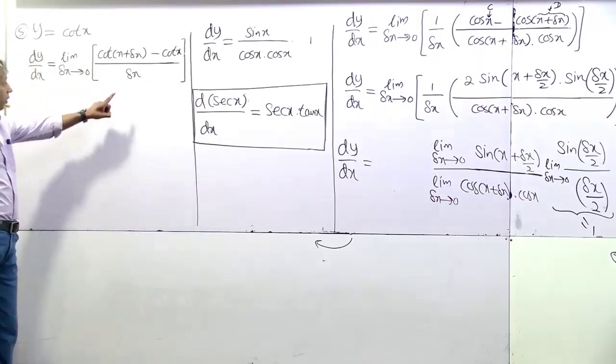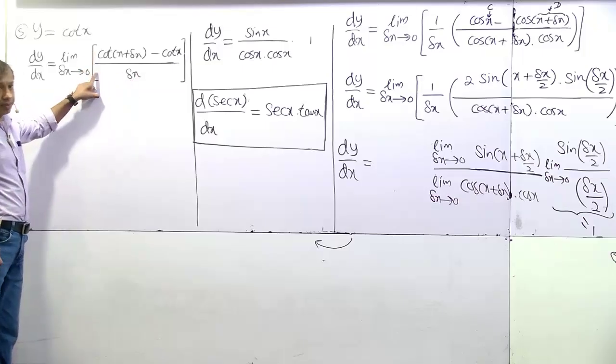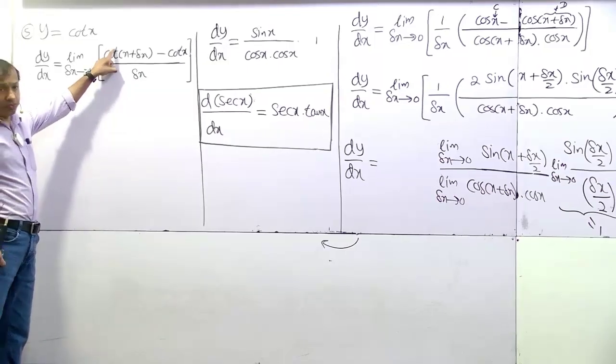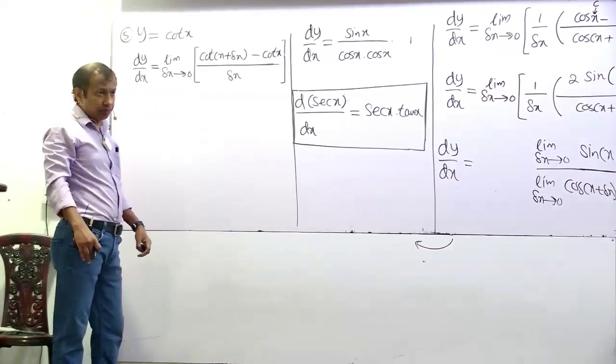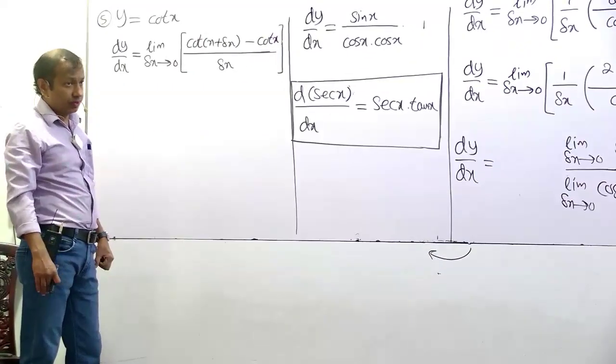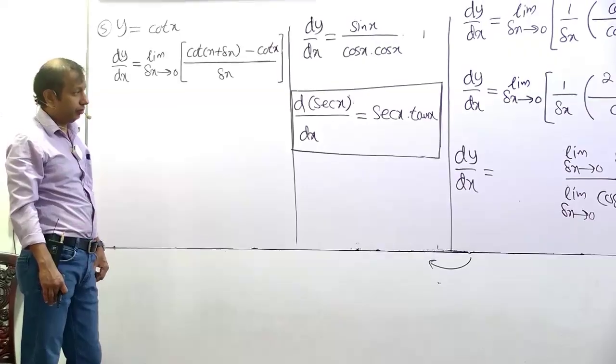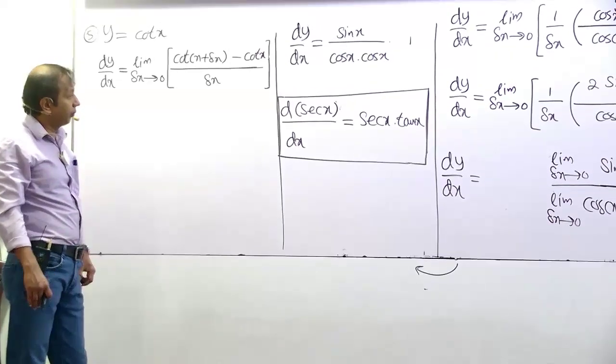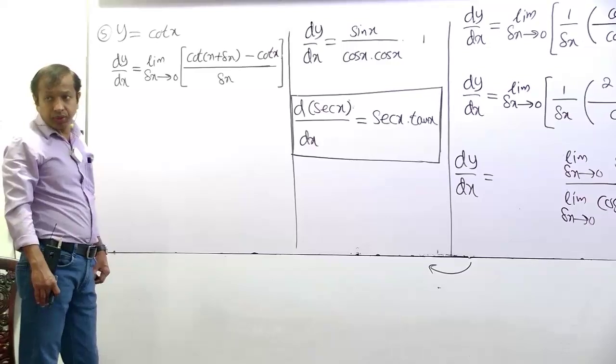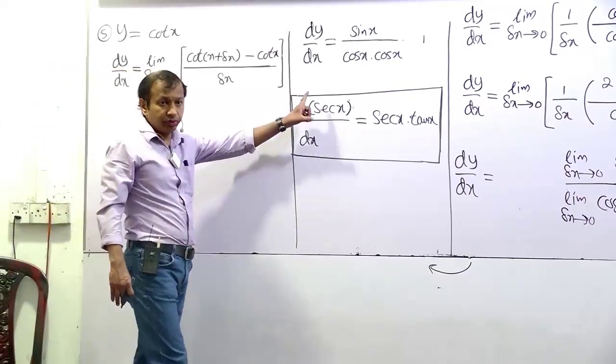Now write down this delta x as 1 over delta x. Cot we write as cos by sine and keep doing this. You must get minus cosec squared x. Right. Shall I erase this now? Finished writing this?